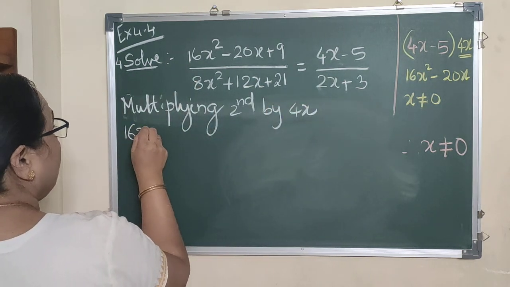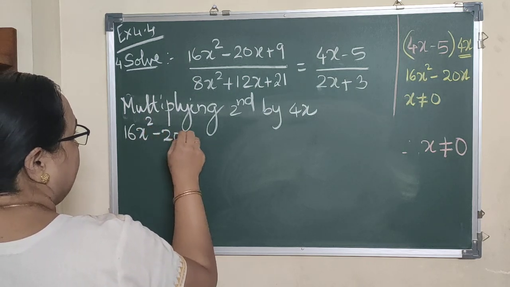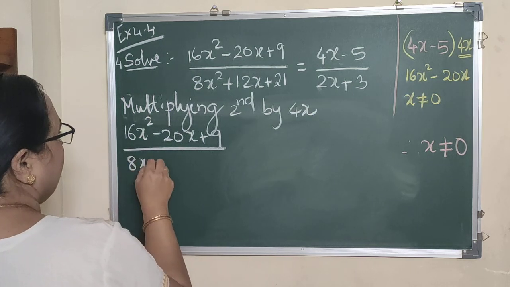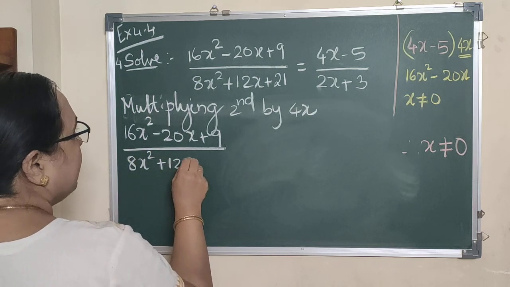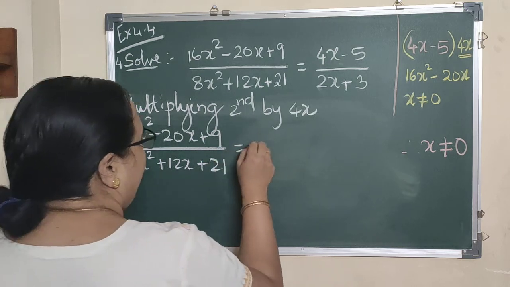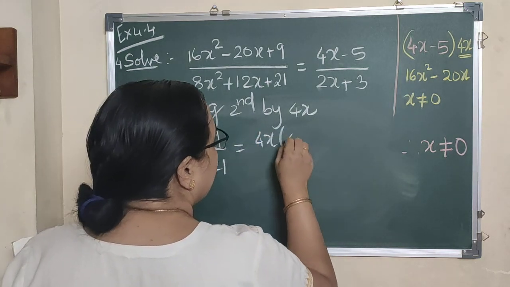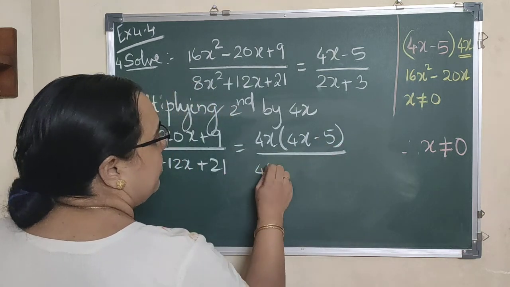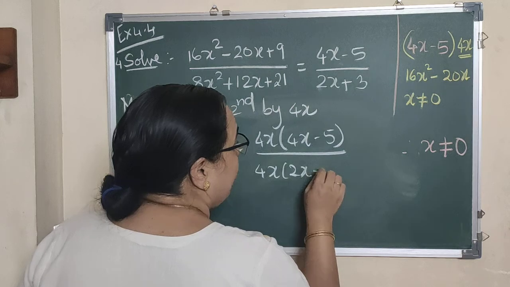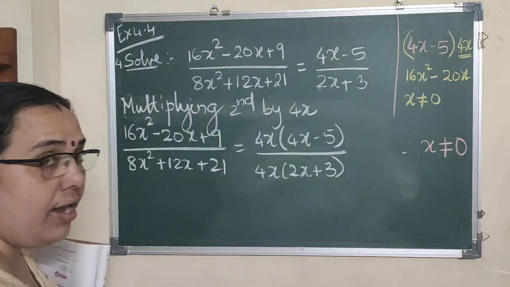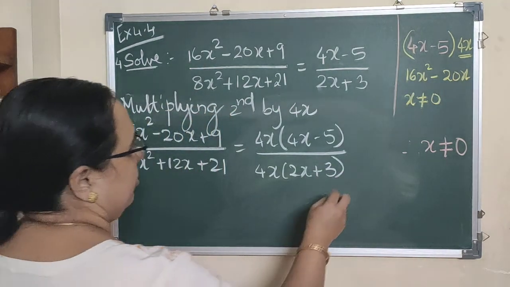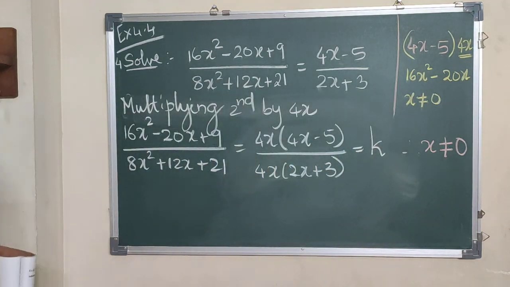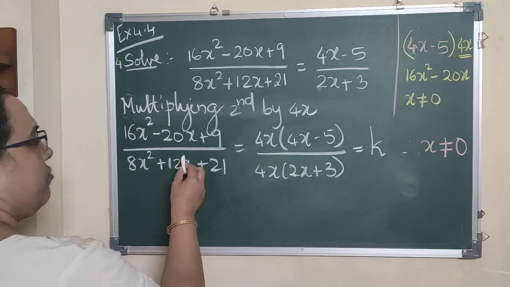The first ratio remains as it is, there is no change in this. And the second ratio is where I am multiplying 4x both in the numerator as well as in the denominator. No partiality at all. And this is equal to k, constant.